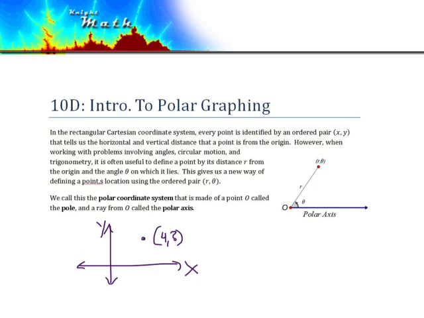Well, now we want to locate a point like this in a different way. And we're going to talk about rotating an angle and finding a distance here. And we graph that like this. We're going to have a point called a pole, and we're going to have a polar axis, and we're going to rotate an angle theta, and we're going to travel out a distance r.